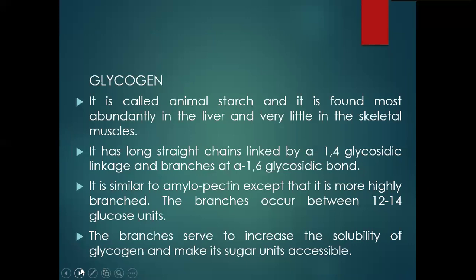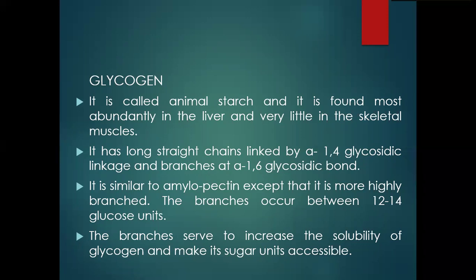Glycogen is a stored form of polysaccharide in animals and is found abundantly in the liver, and very little is found in the skeletal muscle. It has long straight chains linked by alpha 1,4 glycosidic linkage and branches at alpha 1,6 glycosidic bonds. Glycogen is similar to amylopectin found in plants, except that it is more highly branched.